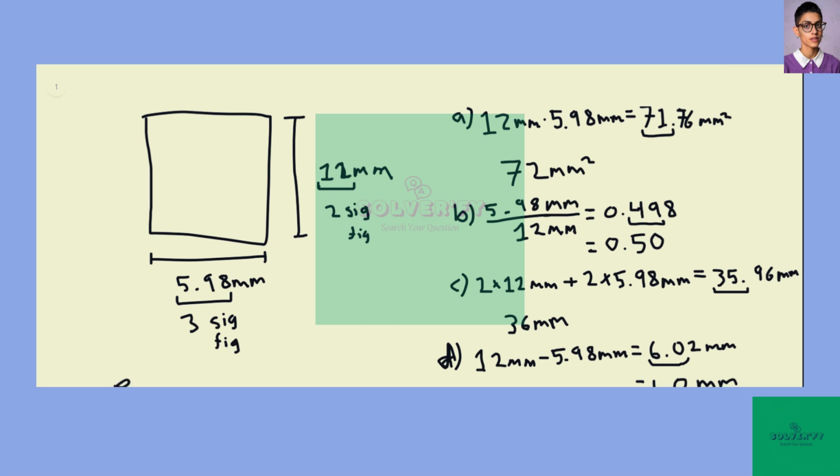Okay, and for part E, the very last part, is the length to width ratio. And so the length is 12 millimeters to width ratio. Running out of space right here.